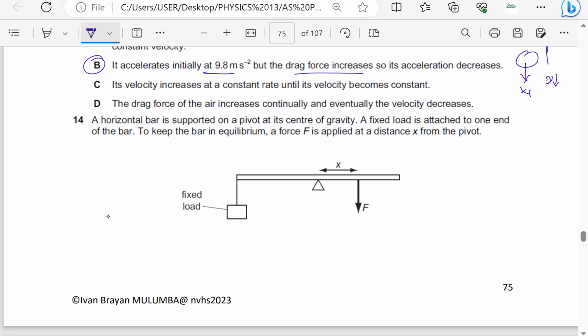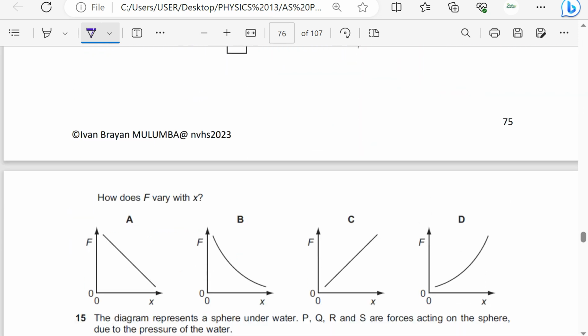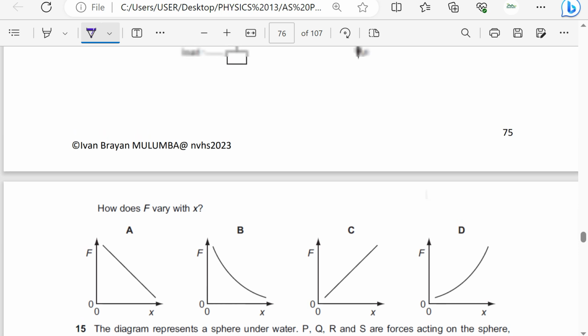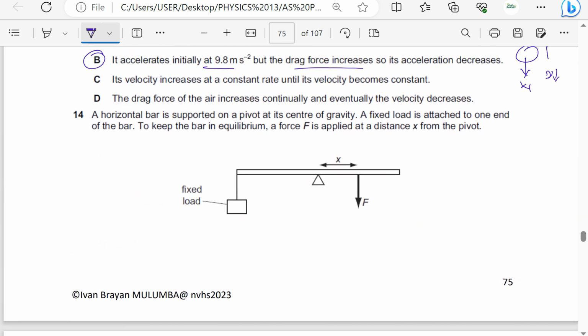A horizontal bar is supported on a pivot at its center of gravity. A fixed load is attached to one end of the bar. To keep the bar in equilibrium, a force F is applied at a distance x from the pivot. How does F vary with x? So this is fixed. Because it must remain in equilibrium, if x increases, then F should decrease so that the product F times x is always constant.